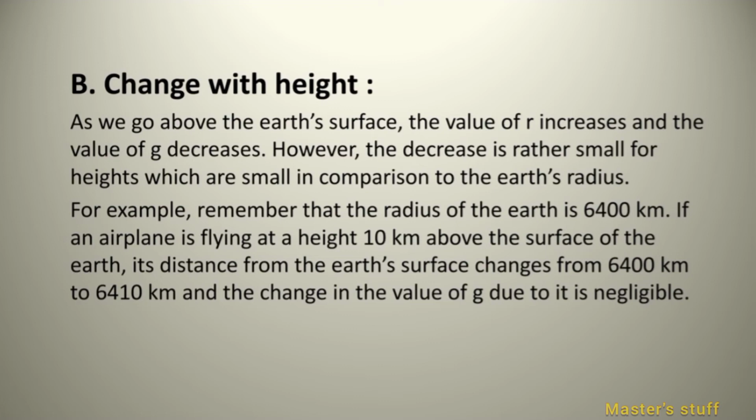If an airplane is flying at a height of 10 km above the surface of the Earth, its distance from the Earth's surface changes from 6400 km to 6410 km, and the change in the value of g due to it is negligible. But remember, the value of g decreases with increase in height, as g is inversely proportional to R squared.